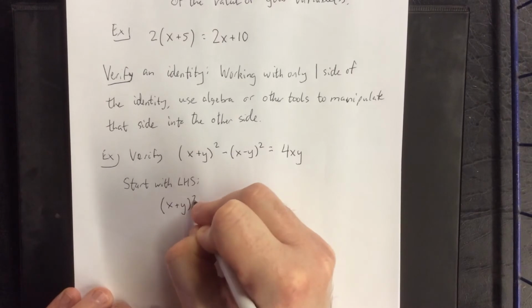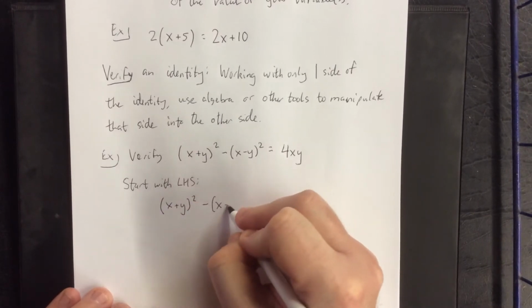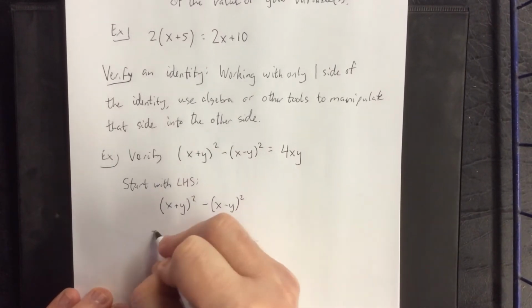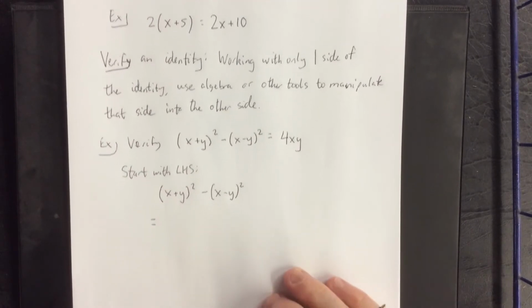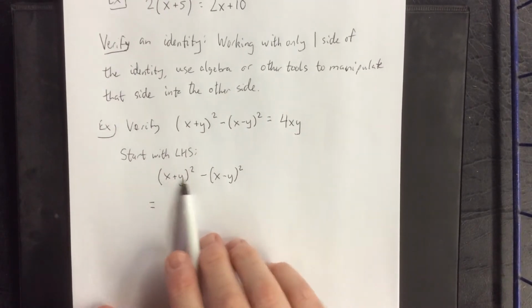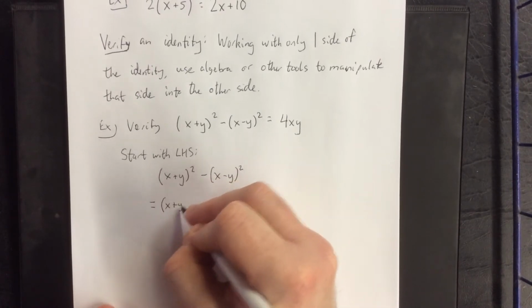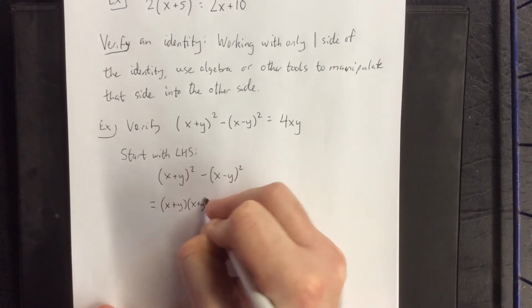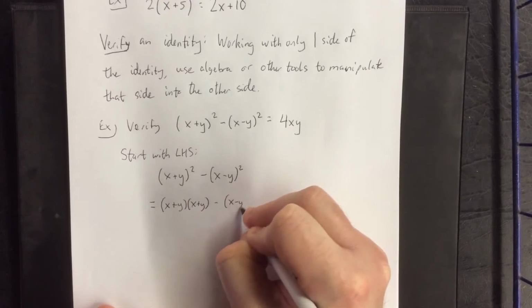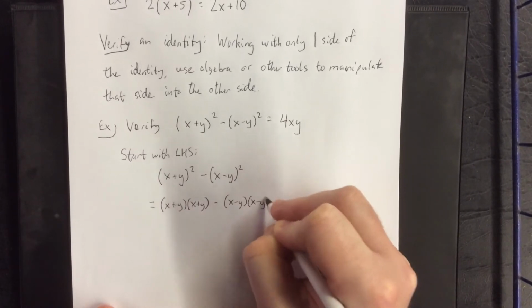So x plus y, quantity squared, minus x minus y, quantity squared, will be equal to. First thing I'm going to do is expand this square and expand this square. We'll call this x plus y times x plus y, and we'll call this x minus y times x minus y.